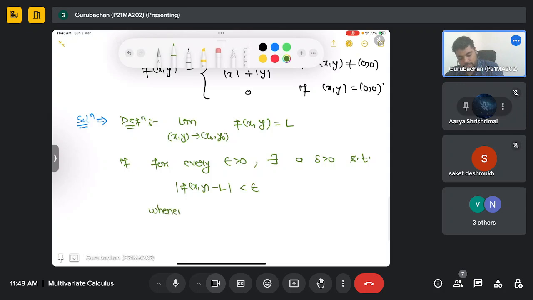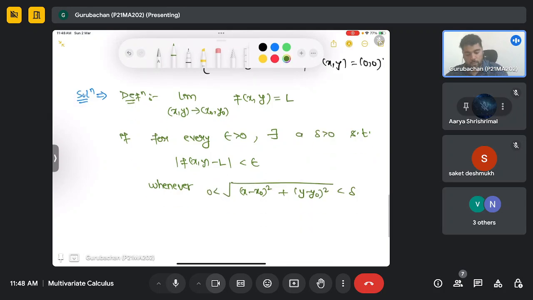whenever (x minus x naught) whole square plus (y minus y naught) whole square is less than delta. One more thing we have to emphasize here is that this will be simply greater than 0.